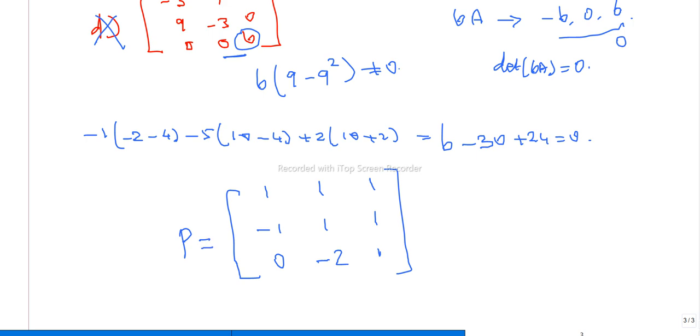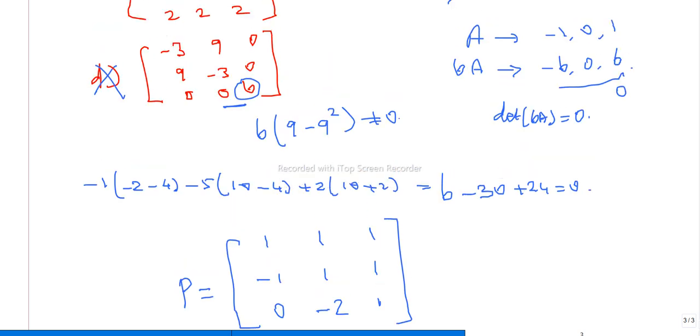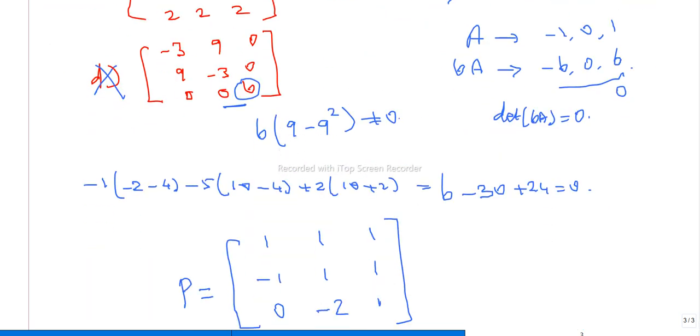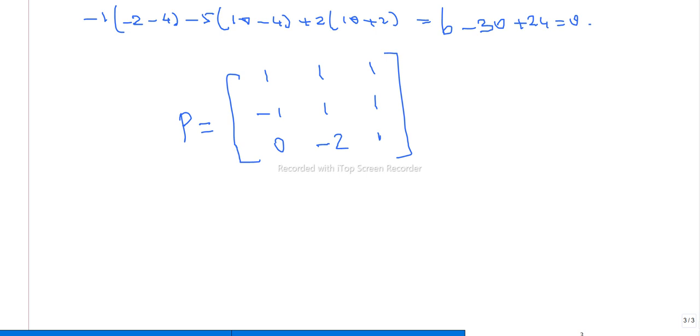Since the eigenvalues are distinct, the matrix is diagonalizable. Diagonalizable means A is similar to a diagonal matrix. That means we can find an invertible matrix P such that A equals P D P inverse, where D is the diagonal matrix.